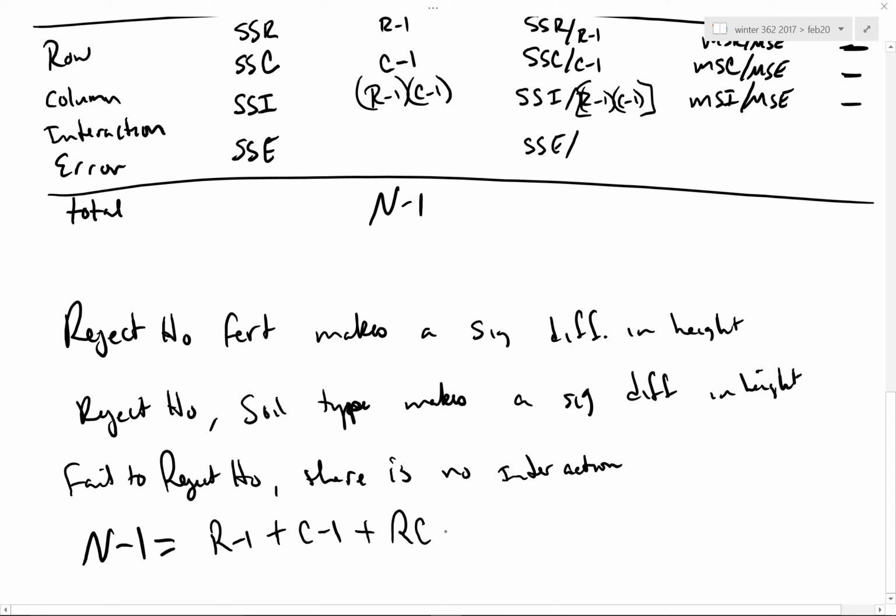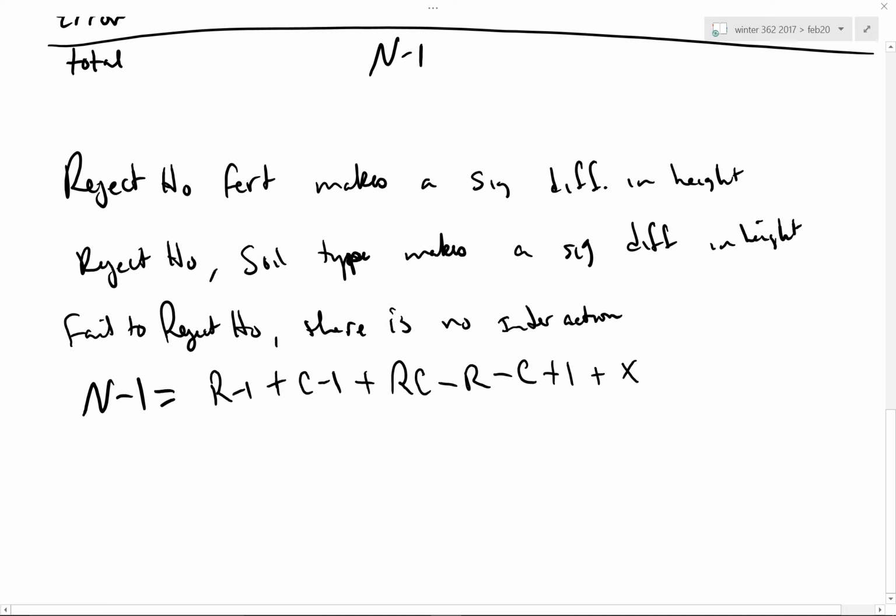That's RC minus R minus C plus 1 plus, I'll just call it X for right now. Cool. Hey, look, there's a negative R and a positive R. Cool. There's a negative C and a positive C. Cool. There's a negative 1 and a positive 1. Awesome.